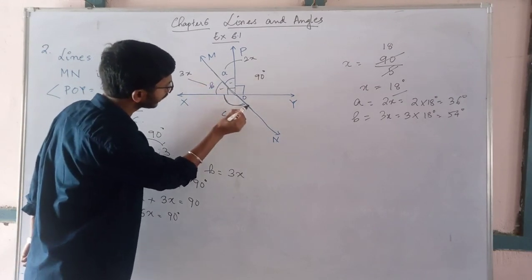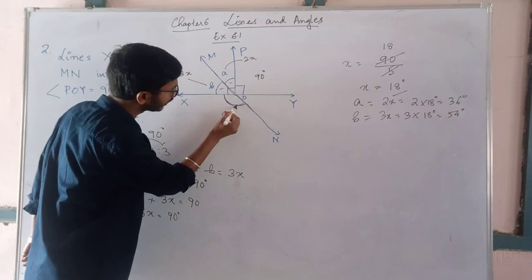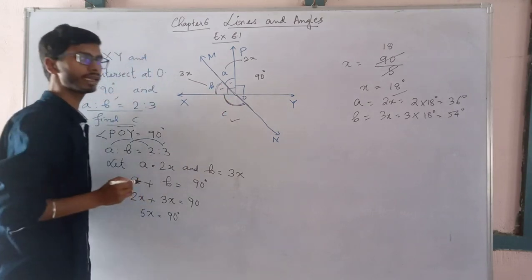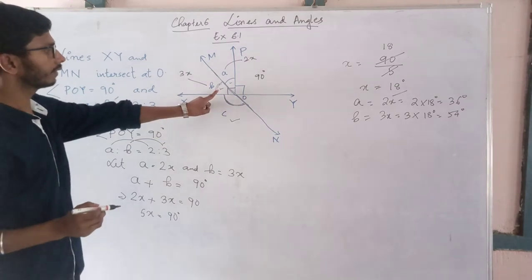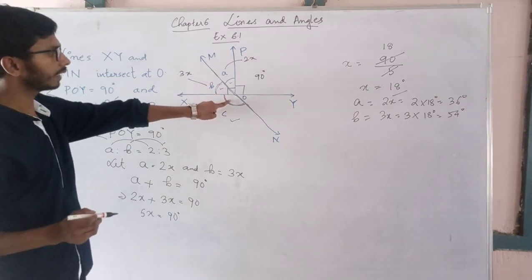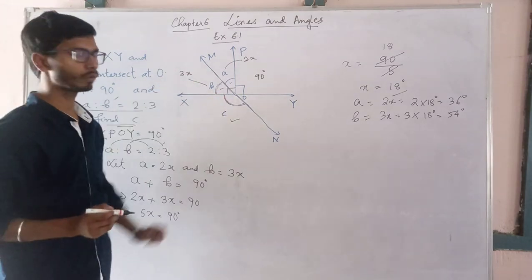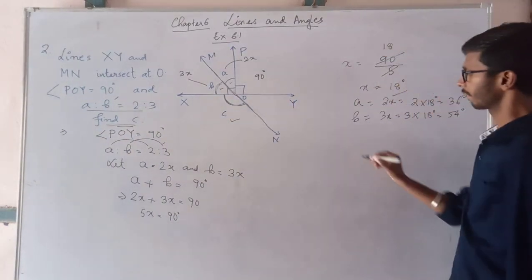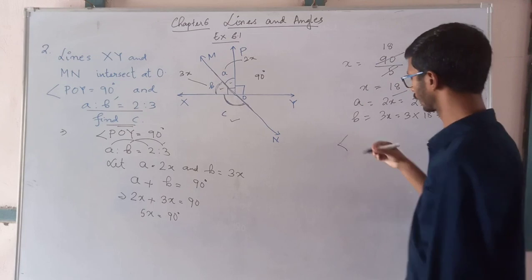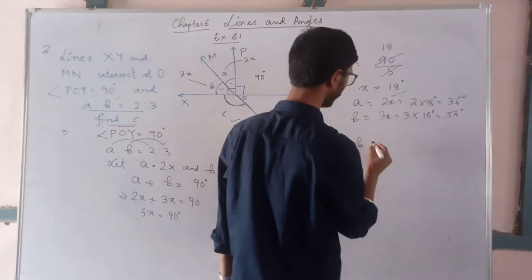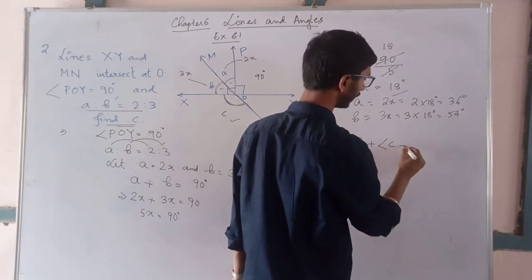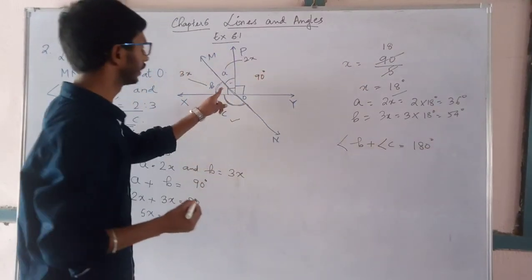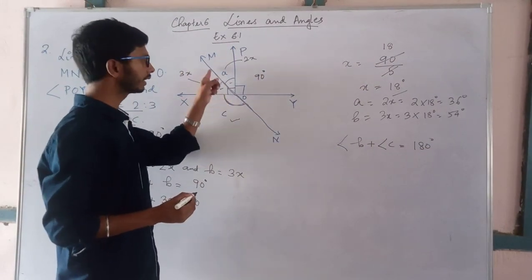It means the sum of this angle and this angle will give you 180 degree. So angle B plus angle C equal to how much? 180 degree, because if I add these two angles, I will get a straight angle.